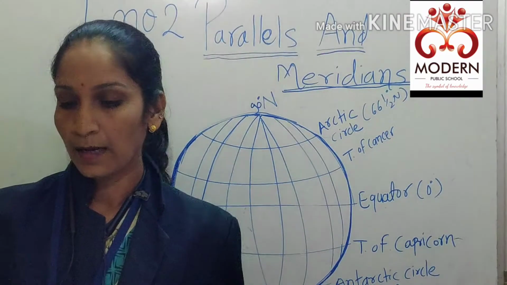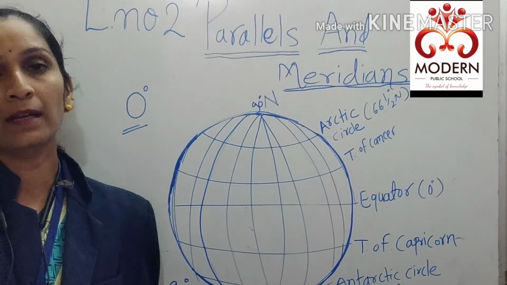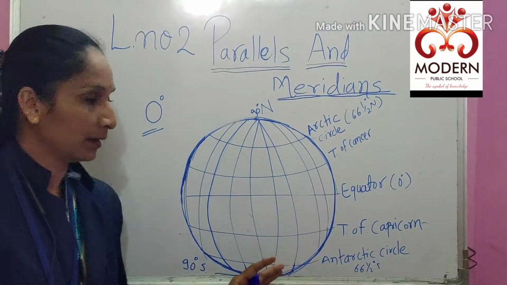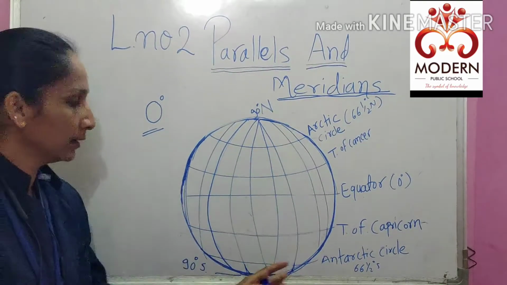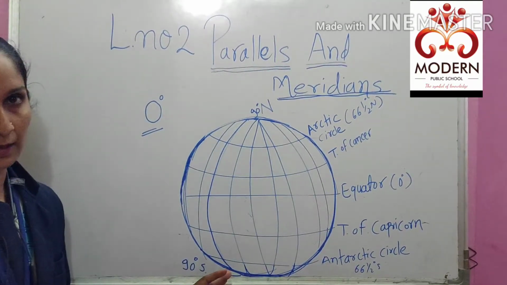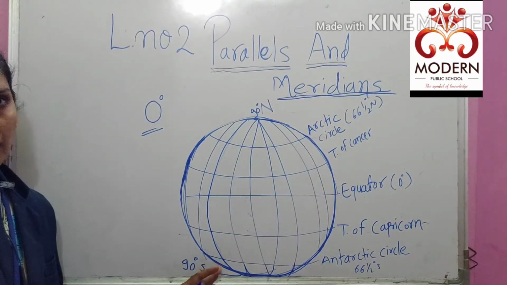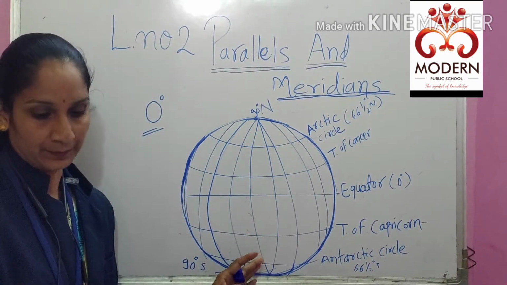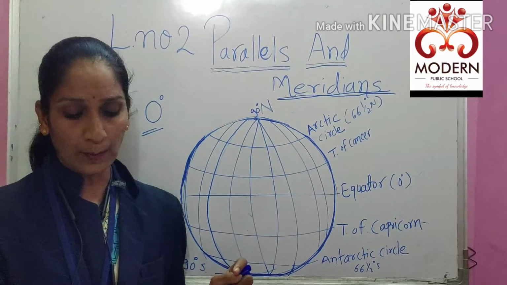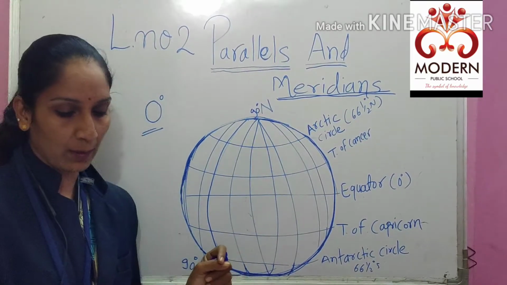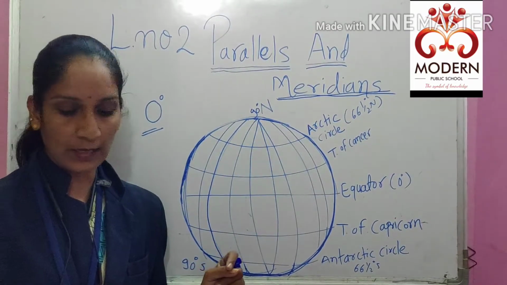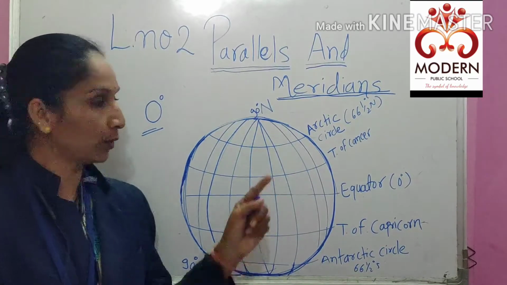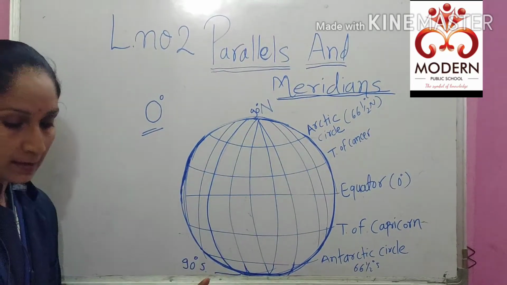So students, here are the important parallels. I draw the diagram, and you can also see it in your textbook. You already know about the equator, the North Pole at 90 degrees north and the South Pole at 90 degrees south.